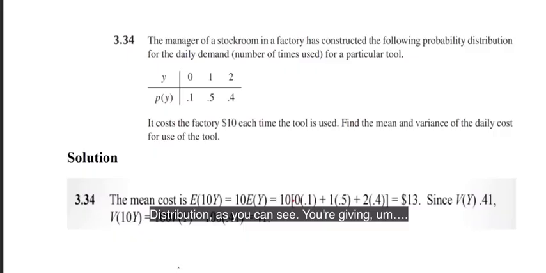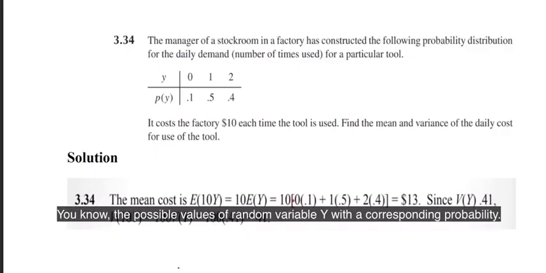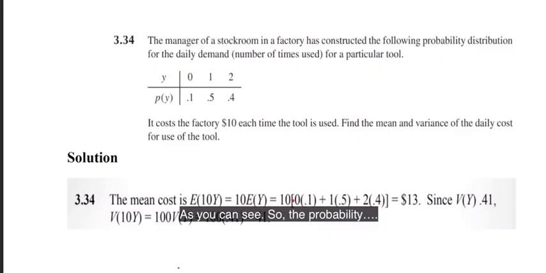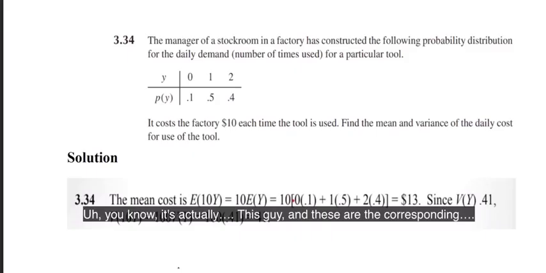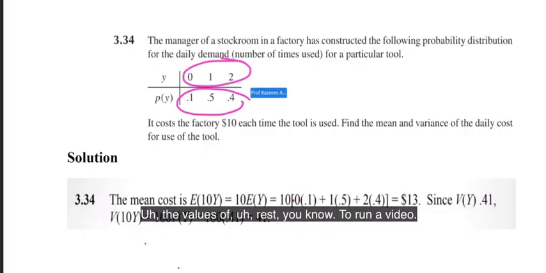As you can see, you are given the possible values of random variable y with a corresponding probability. So the probability is this, and these are the corresponding values of the random variable.